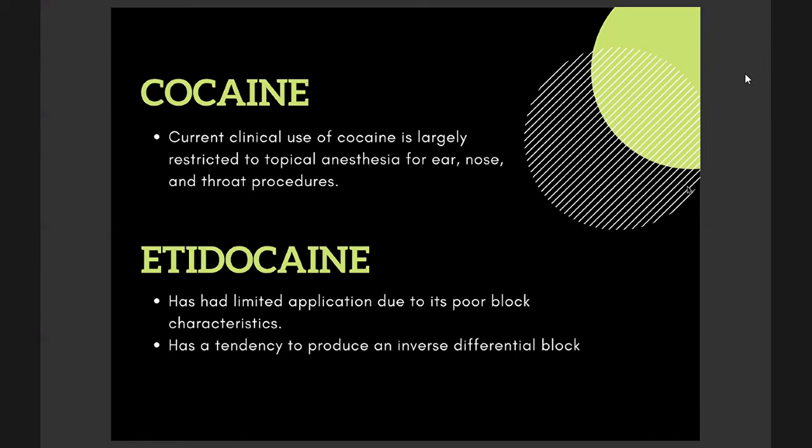But the recovery, motor recovers first, sensory, then autonomic. So this inverse differential block means that instead of the motor block recovering first, it is the sensory. So it is known as an inverse differential block. That is why it has a limited application, because the sensory block wears off earlier than the motor block.